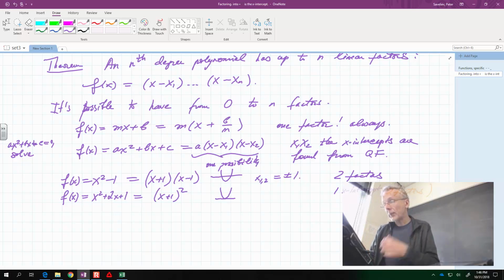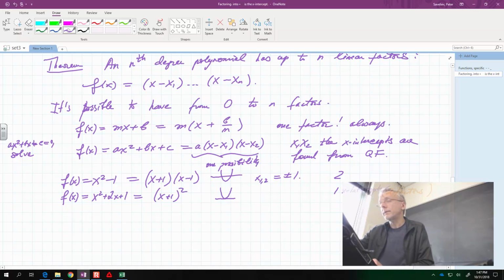There is a third possibility. Let's speak of x-intercepts. So 2 x-intercepts, 1 x-intercept, and 0 x-intercepts.